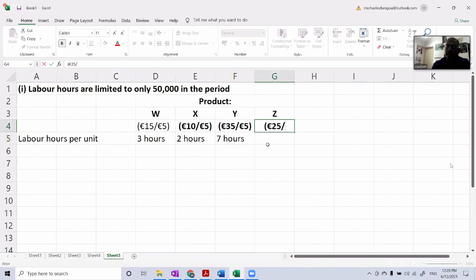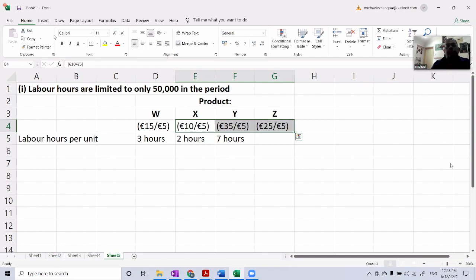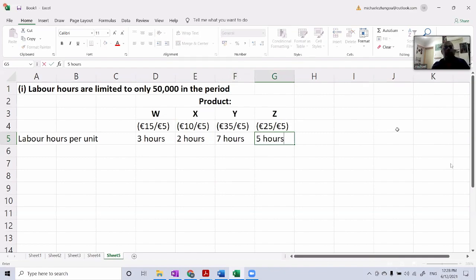And the last one is 5. Okay. Labor hours per unit.